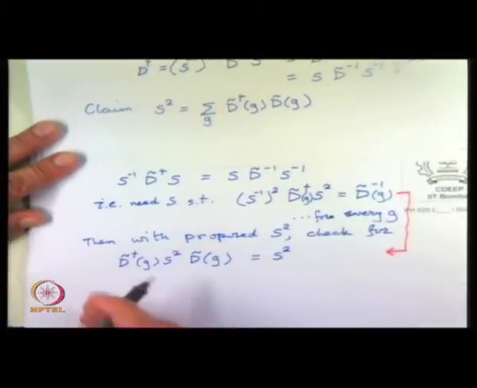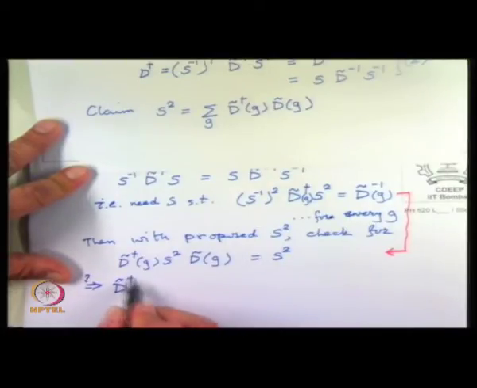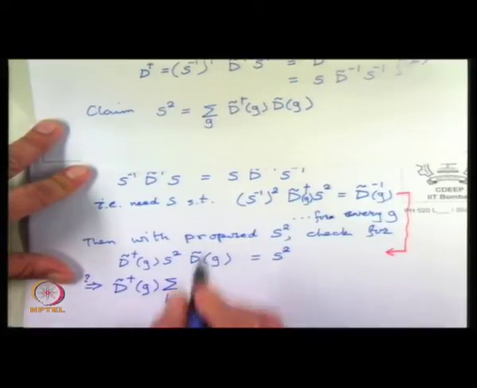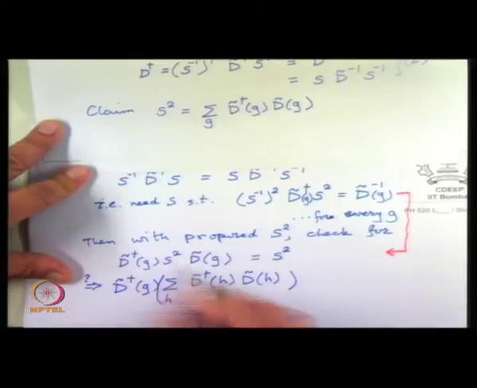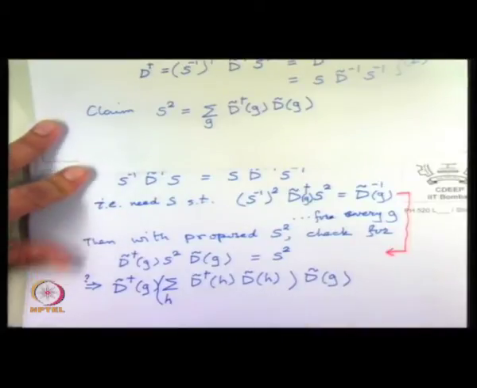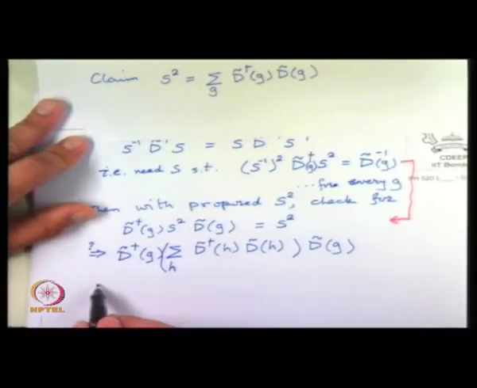So then the question is D tilde dagger G, and then let us say summation over H, and our proposal for this is D tilde dagger H D tilde H. So we substituted S squared and then put D tilde G. Now we take the D tilde G inside.